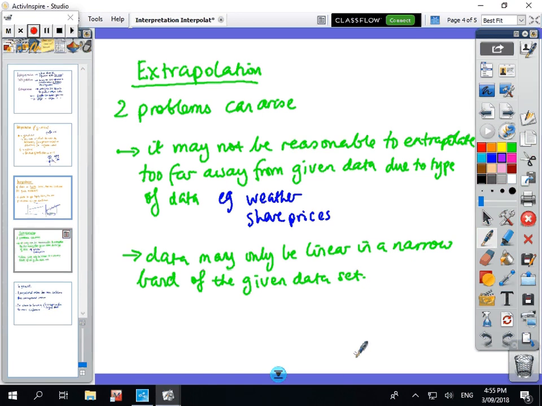So extrapolation: we've got our data set, our dots, and a straight line. If the lowest is there and the highest is there, extrapolation is when we've gone this way or this way, so we're outside the data set. And there's two problems that can arise. First, it's not reasonable to expect you to predict values way away.